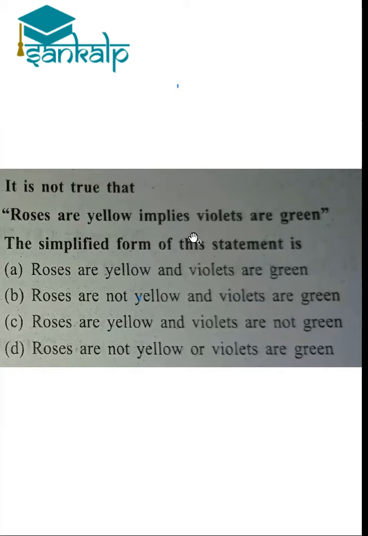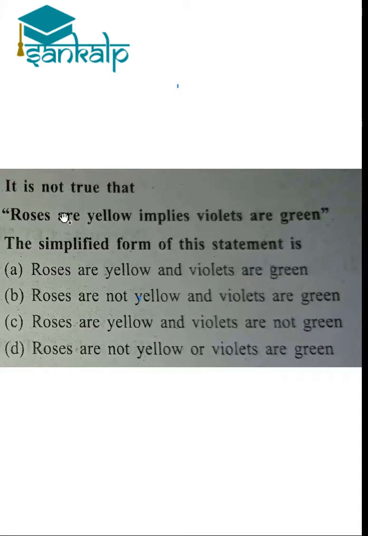The simplified form of this statement is: roses are yellow and the violets are green.